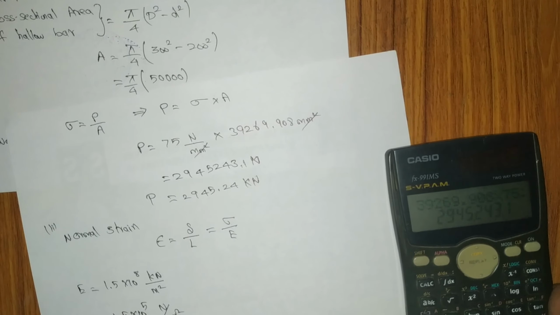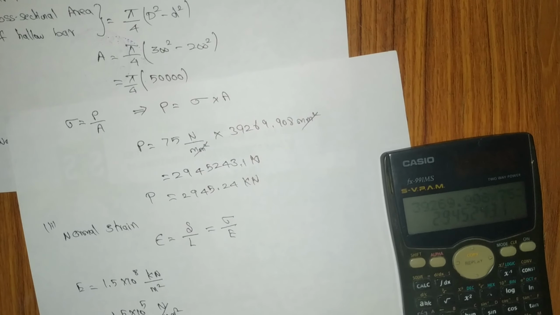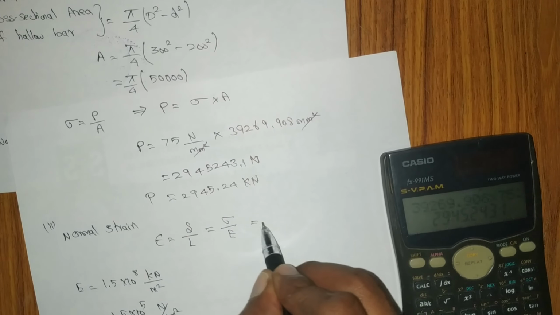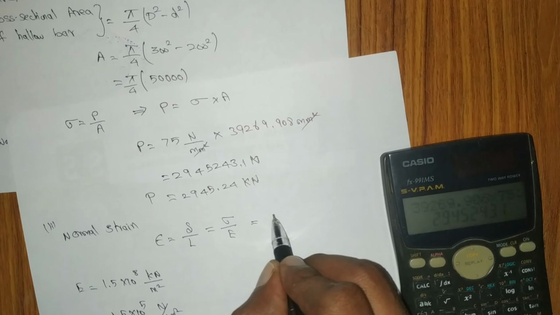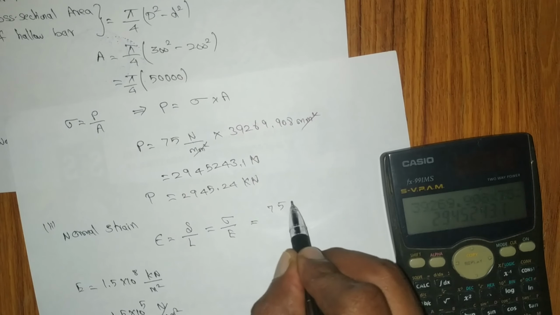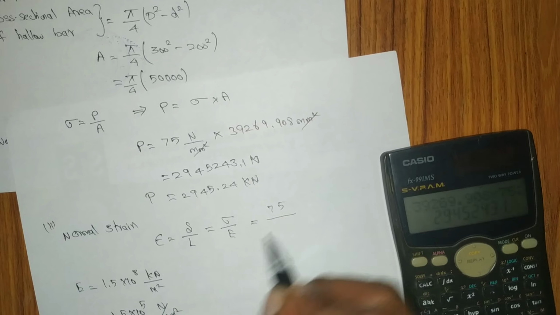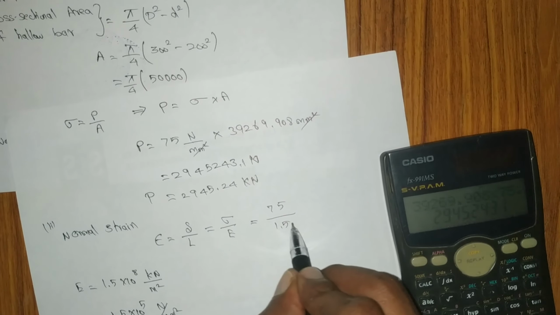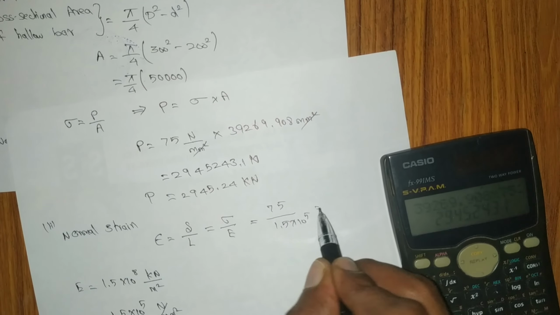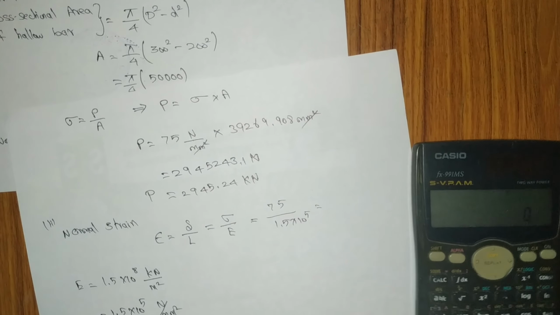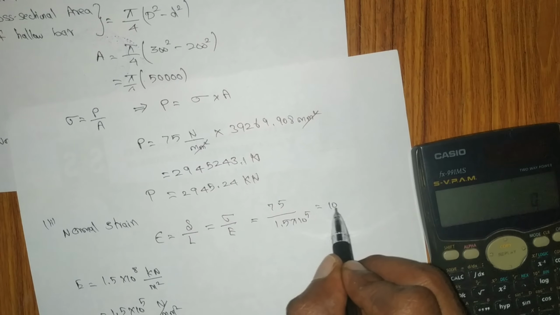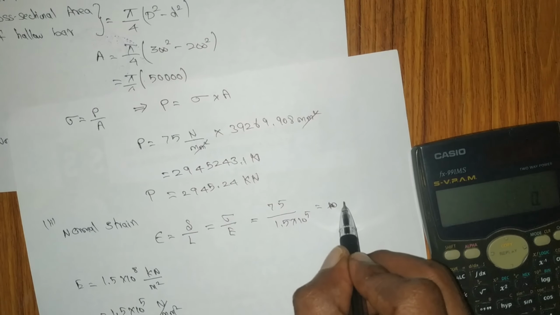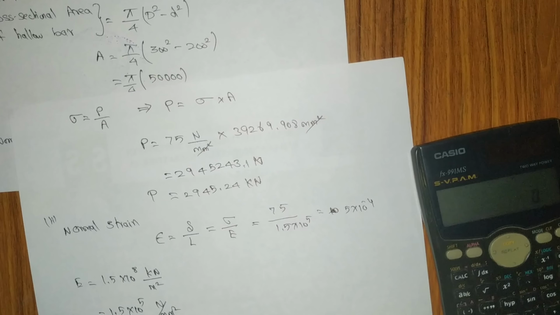If you divide the stress of 75 Newton per mm square by the E value, 1.5 into 10 to the power of 5, what value do you get? The strain you got is 5 into 10 to the power of minus 4.